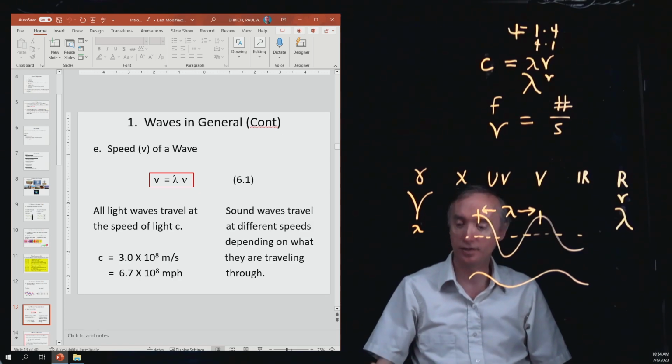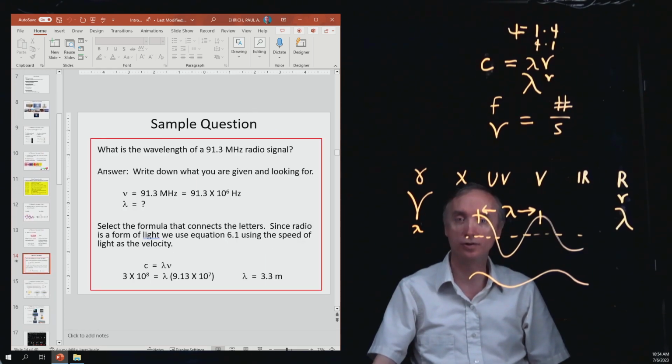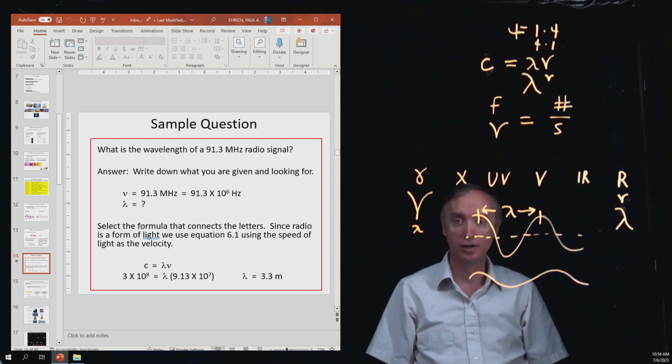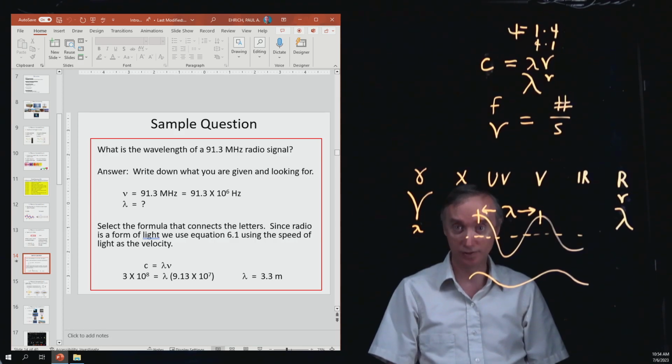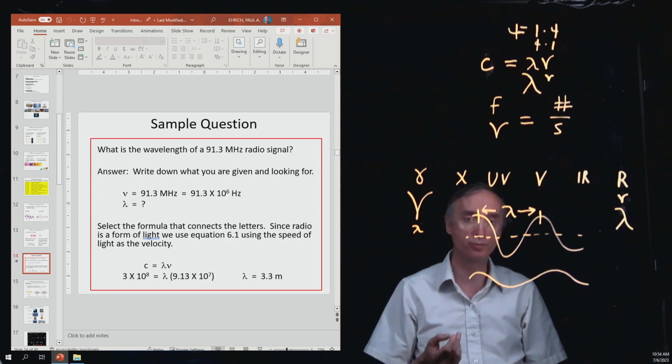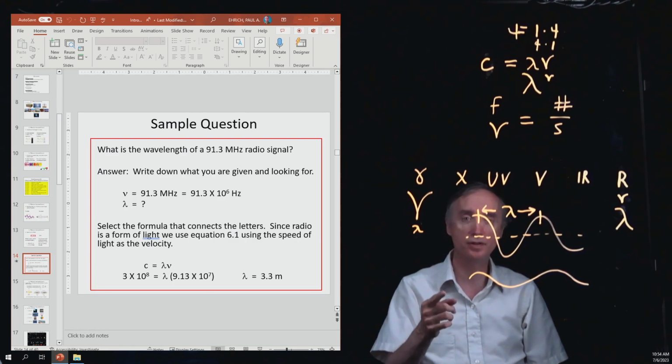So here is a type of question that could be on the exam. What is the wavelength of a 91.3 megahertz radio signal? The first step whenever you solve a word problem that involves numbers is write down what you're given. The 91.3 is a frequency because look at the units.